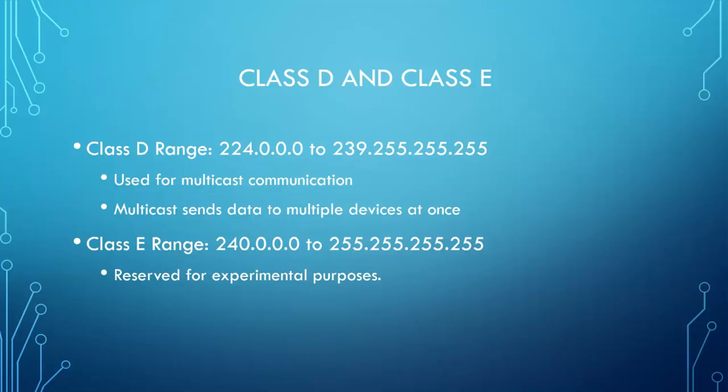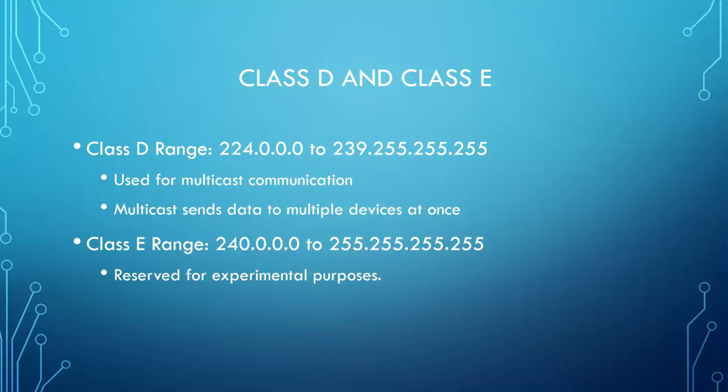Class D and Class E networks, like I said, are weird. Class D addresses are used for multicast communication. Multicast allows data to be sent to multiple devices at the same time instead of what normally happens, which is sending separate copies of the same data.